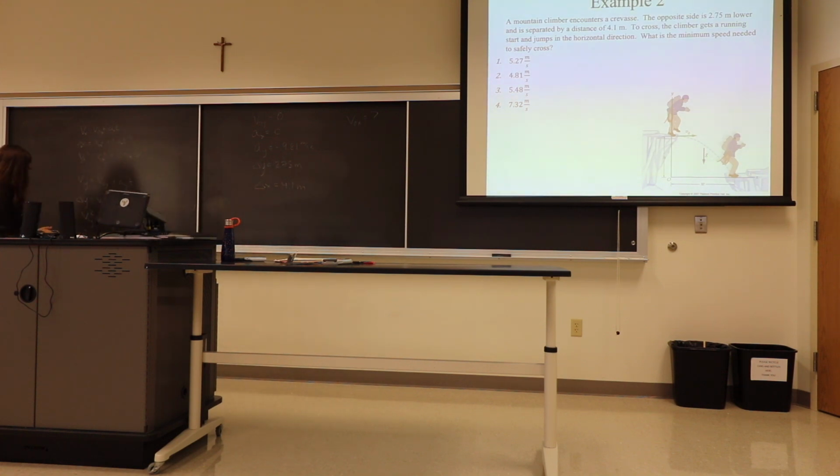Okay, so here are some good candidates. If I just want to do this without thinking too hard, I'll just circle what I have. We don't have V0X. We have V0Y. We have both of the A's, AX and AY. We have delta Y, which is this, and we have delta X. All right, so we want V0X.